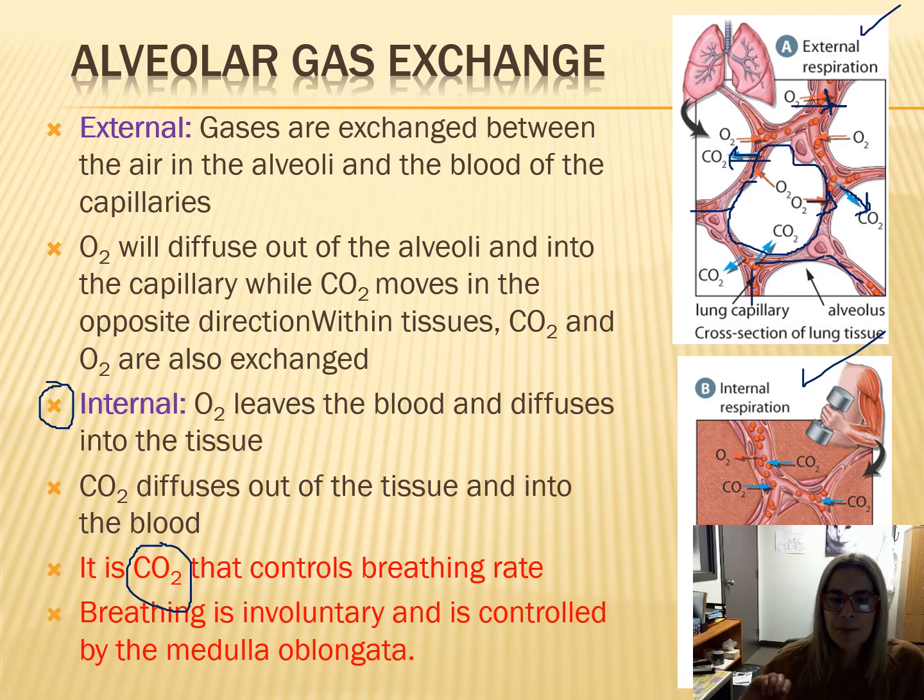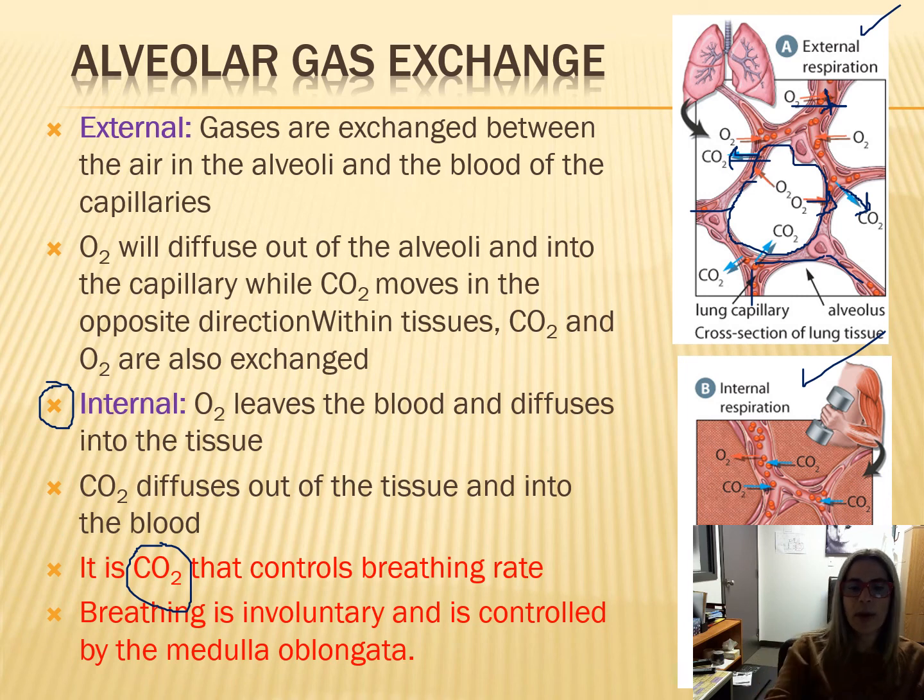Your medulla will get the information that CO2 levels in your blood are increasing. And then it will send a message to your muscles of breathing and to your heart actually to start beating faster, and your diaphragm and your intercostal muscles to start contracting faster, and that increases your rate of breathing or your ventilation rate.